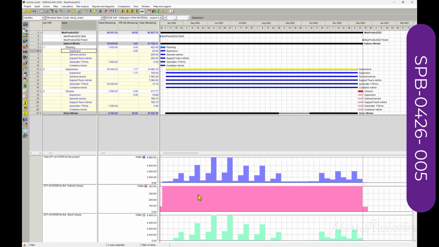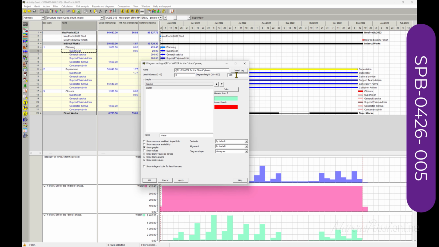Because we have 400 liters every week. And some peaks, which peaks are these ones? Because in direct work, we have some washes. We have to wash everything there. And there is a very small plateau, let's see in detail.